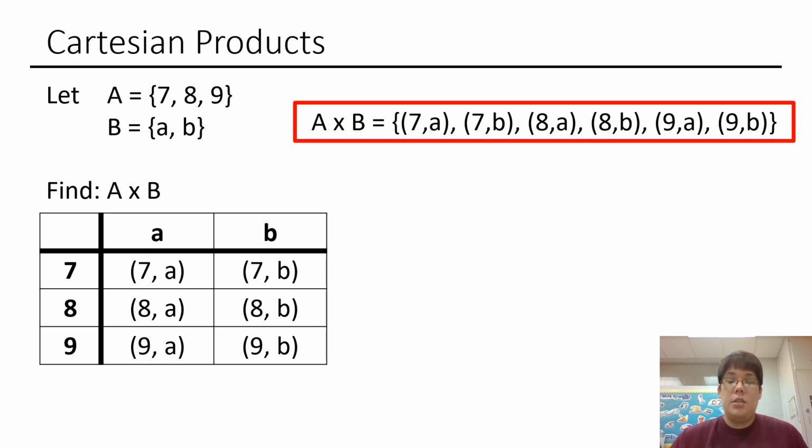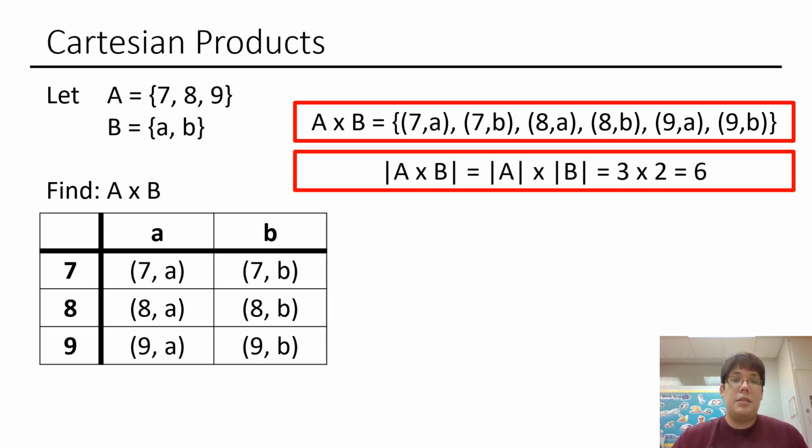Okay. So now let's look at the same exact set. Oh, well, before we do that, let's look at the cardinality of the set A crossed with B. And it turns out by definition that if you're looking at the cardinality of that set, you're going to take the cardinality of A and multiply it times the cardinality of B, and that's how many elements should be in your crossed set.